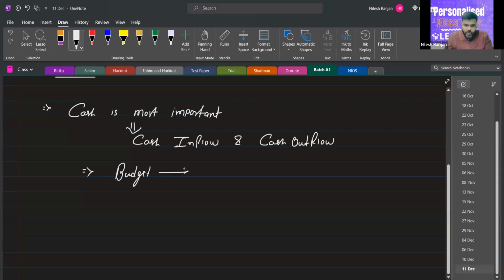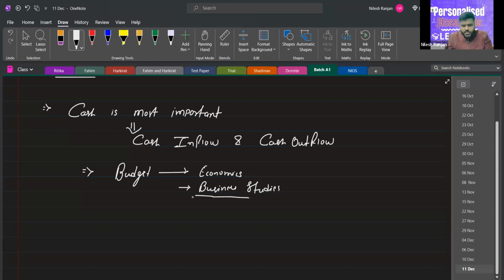Now you have studied about this in economics and also business studies. Have you completed your business studies syllabus? Okay. Then can you tell me what is budget?